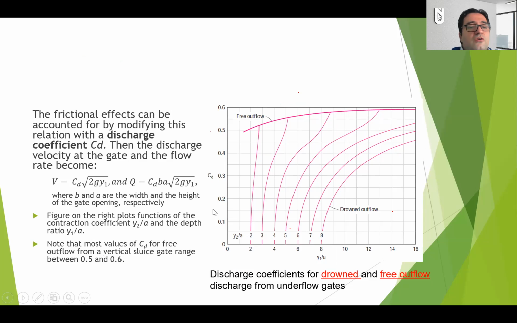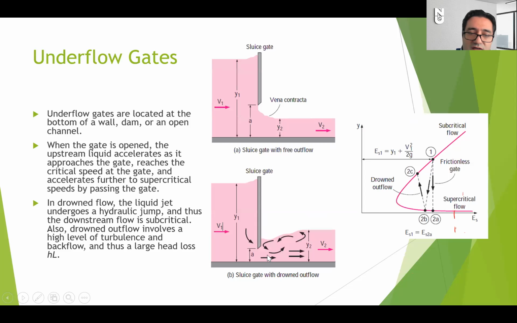It means that you are going to lose almost half of the energy after a sluice gate. Have a look at how you can find it. The first thing is that you should calculate Y1, I mean upstream water depth, over A. A is the height of the opening. Look at here.